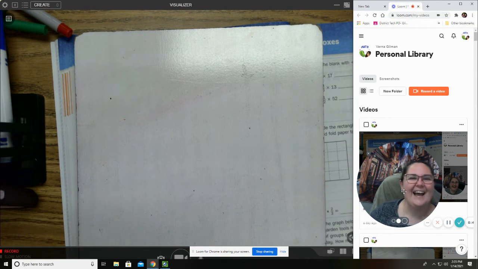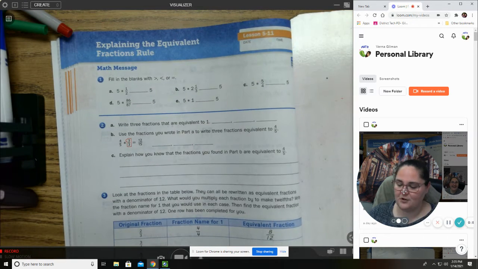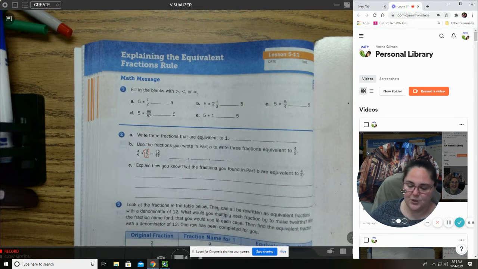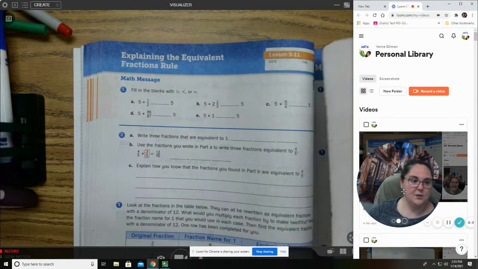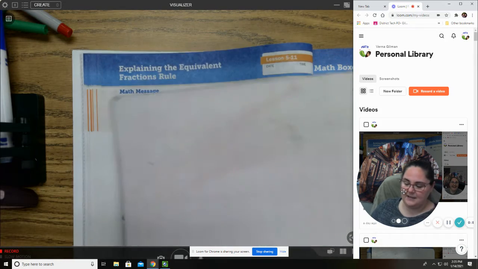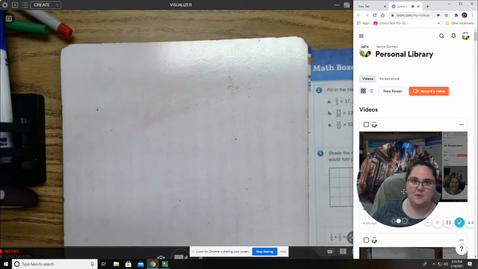Fair warning. All right, so for our lesson today, we're going to start in our math workbook. We're going to be on page 184 in your Everyday Math Volume 2 journal, page 184. So we are going to start by thinking about when you multiply by a fraction. So before I do anything else, I want you to think about something, okay?